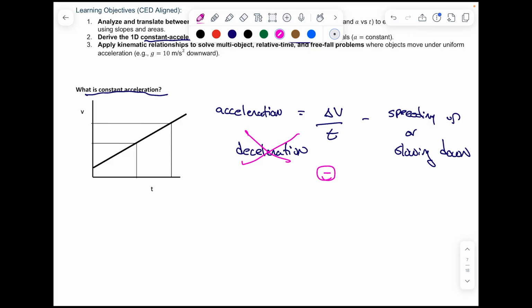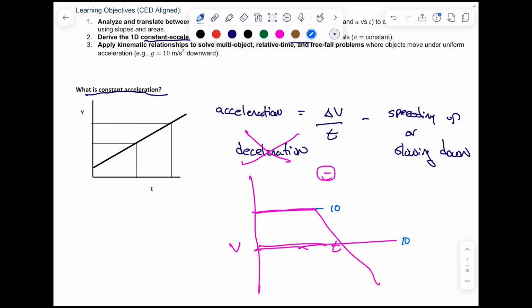Now, in some cases, like we just talked about in the last video, if I have a V versus T graph, here I have constant speed, but if I go down this line here, I am going from, if you think of it as 10 to 0 meters per second, I am getting less fast, I'm slowing down, so I have a negative acceleration this entire time.